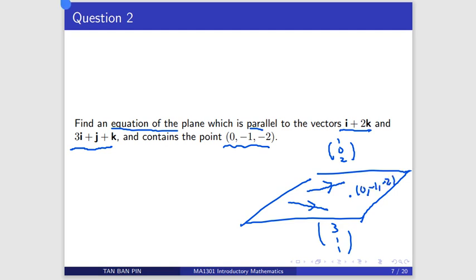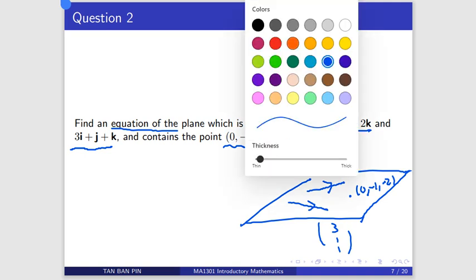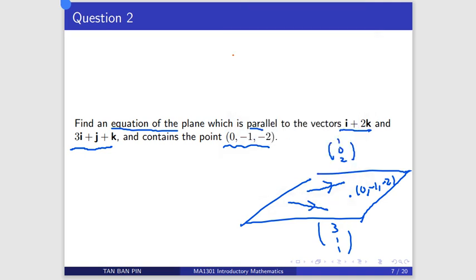To get a normal vector, you find the vector product, which gives a normal vector n. If I call this vector u and this vector v, the normal vector n can be taken as u cross v.